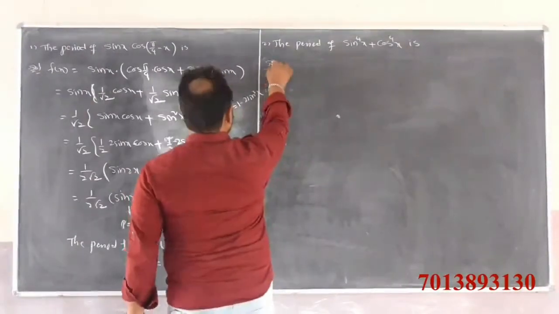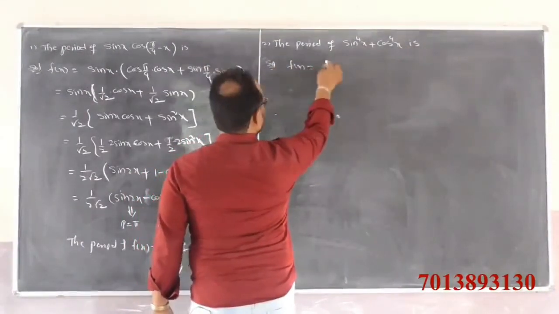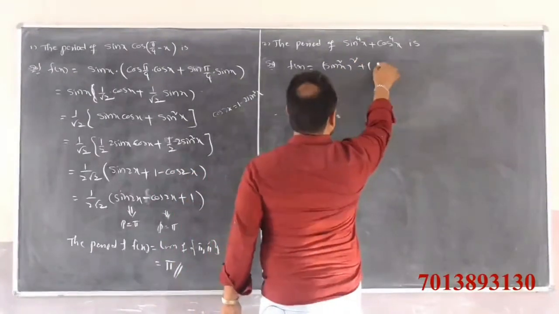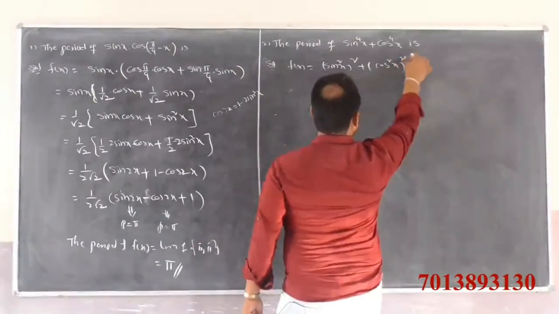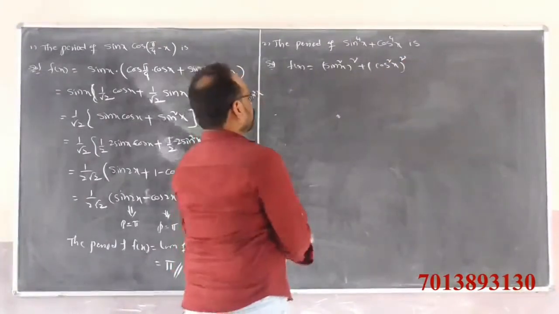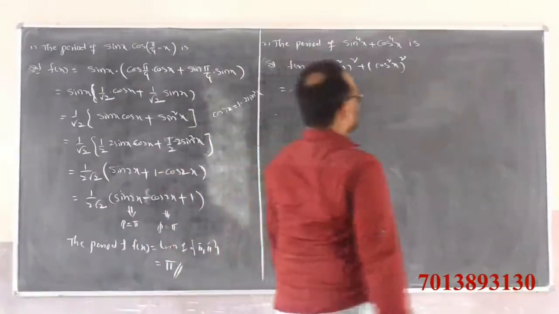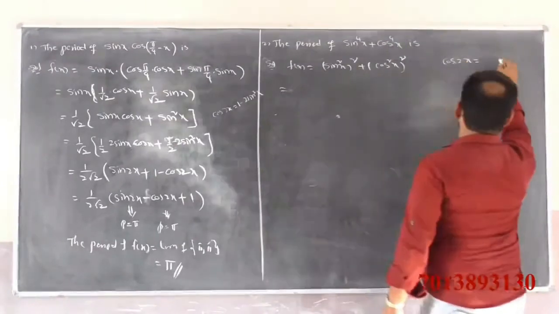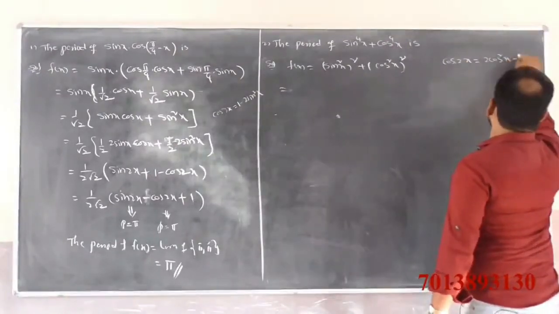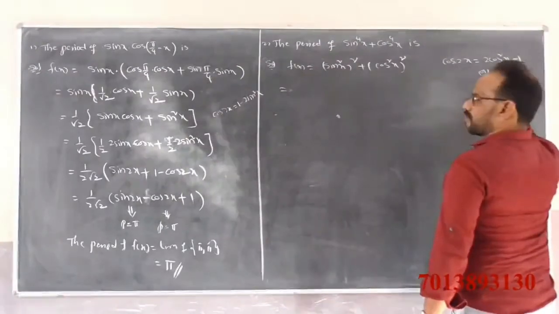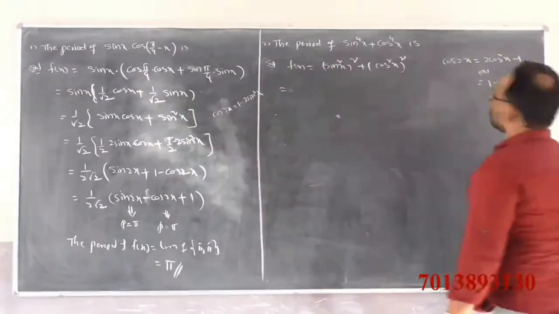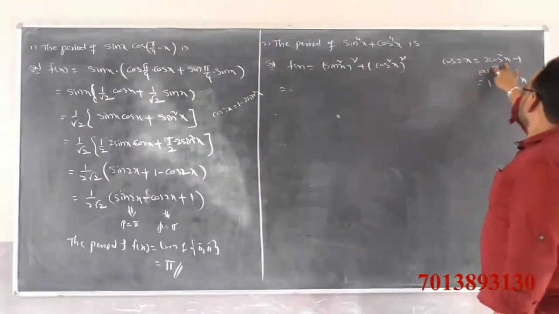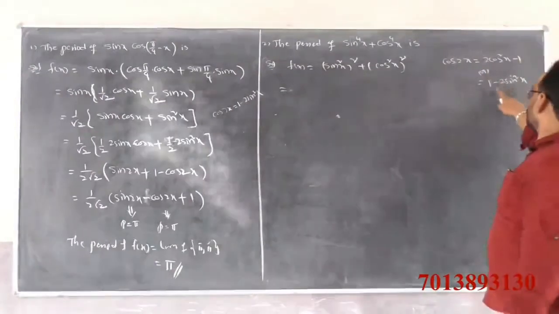Solution. f of x is equal to sin power 4x, which can be written as sin square x whole square, plus cos power 4x, which can be written as cos square x whole square. Already we know that cos 2x can be written as 2 cos square x minus 1 or 1 minus 2 sin square x.